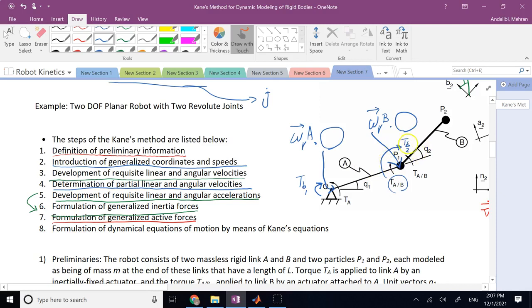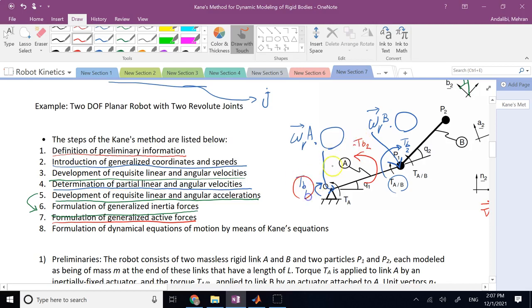If this TB2 is applied on the shaft of motor or link of member B, then the reaction of that, which is this way, is going to be applied back to the motor, and motor is attached to member A, so it is going to be applied to member A.